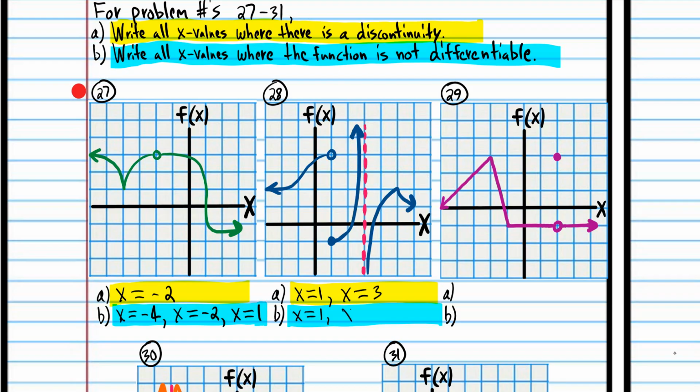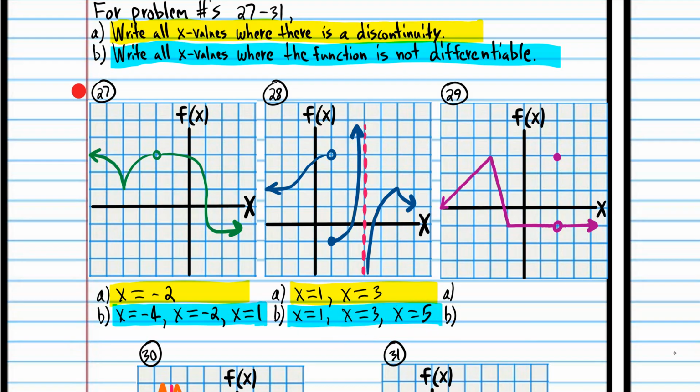It's also not differentiable at x equals 3 because, again, we have a discontinuity. Now this, it's a little hard to see, but that's a sharp turn. So at x equals 5, the function is not differentiable either. So again, it's so important to remember. A function is not differentiable at discontinuities, but it's also not differentiable when you have a sharp turn.